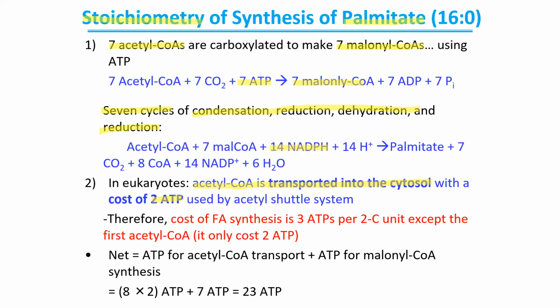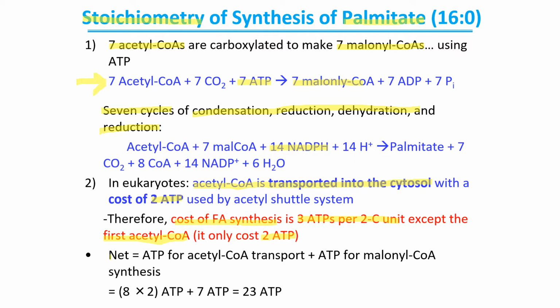The cost of fatty acid synthesis is mainly 3 ATPs per 2-carbon unit that we attach, except for the first acetyl-CoA, which only requires 2 ATPs, because there is no first reaction here. In this case, we used acetyl-CoA.